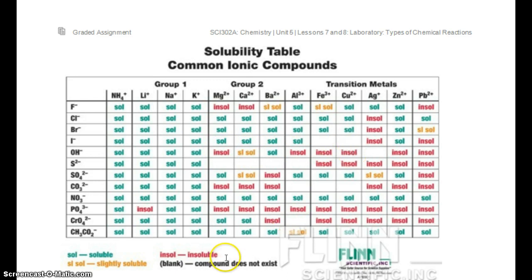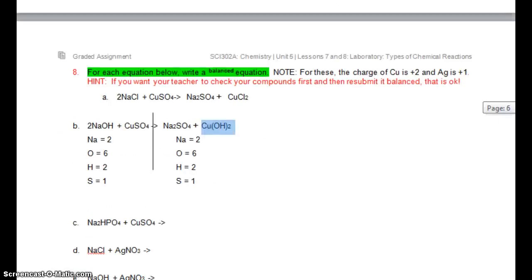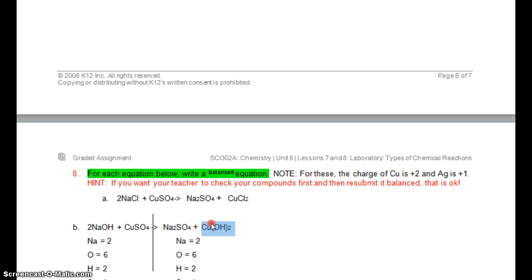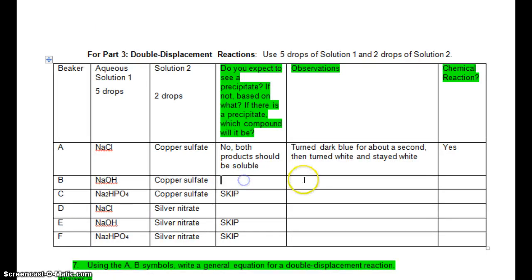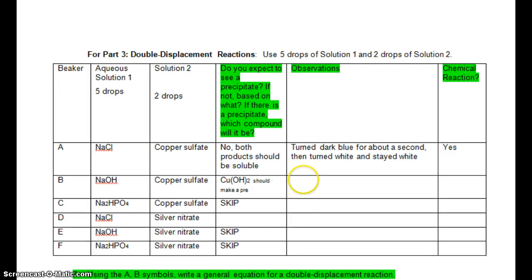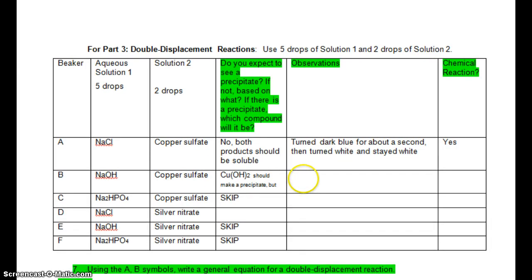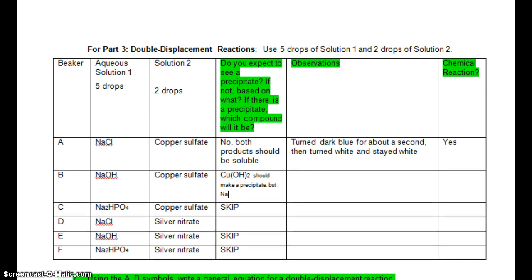Well, it's insoluble. That means it will not dissolve. So yes, it should make a precipitate. So we're going to write that here. Copper hydroxide should make a precipitate, but Na2SO4 should not. So in other words, I should just have 1 chunky solid.